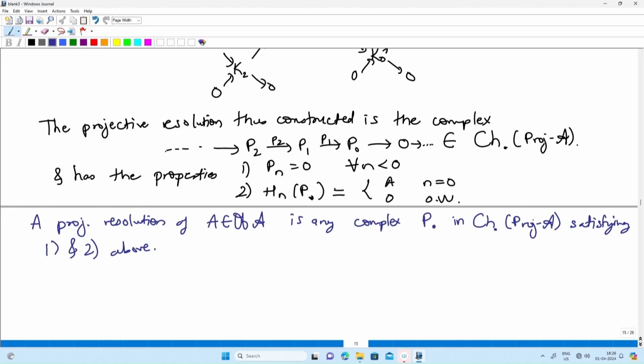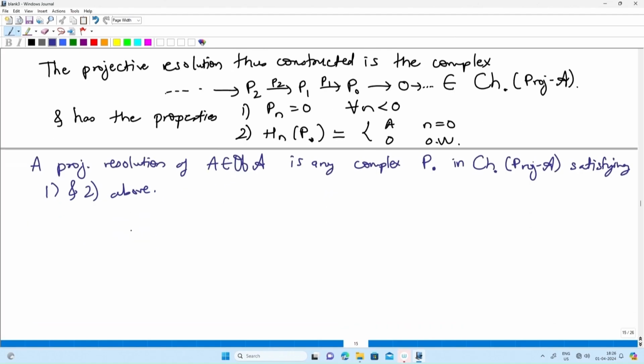Okay, so it has to satisfy this. So now what is the relationship between any two projective resolutions? We are going to answer that question using homotopy. We will go a bit slowly for this. We are going to prove some intermediate result before we can actually prove what we want.